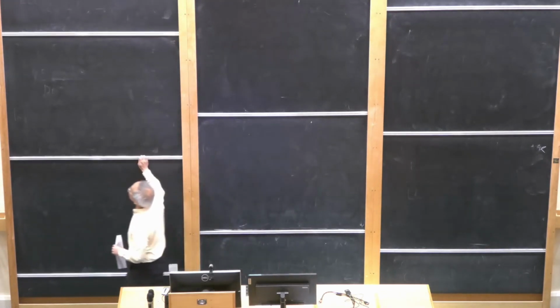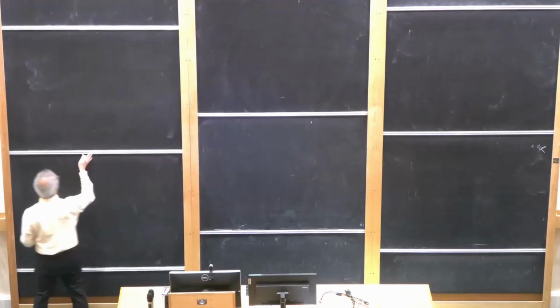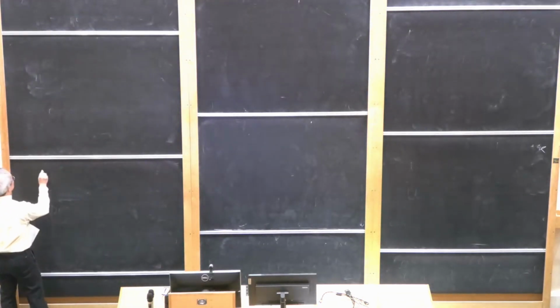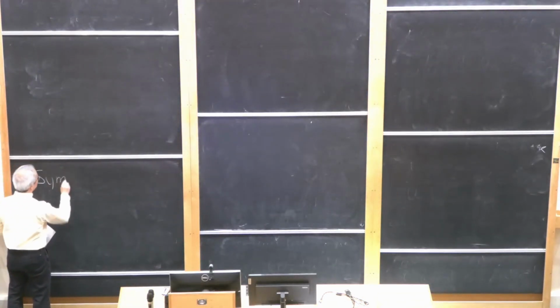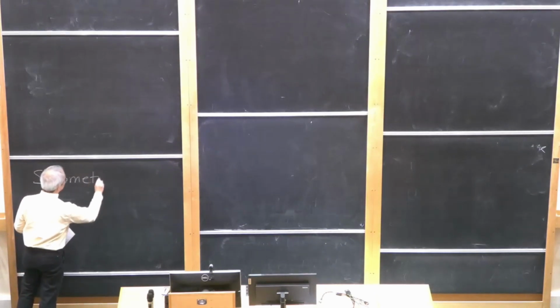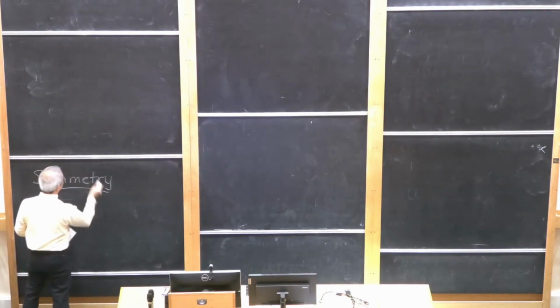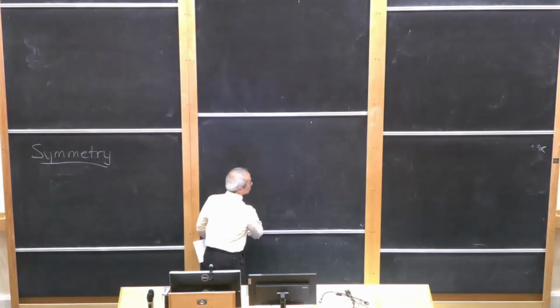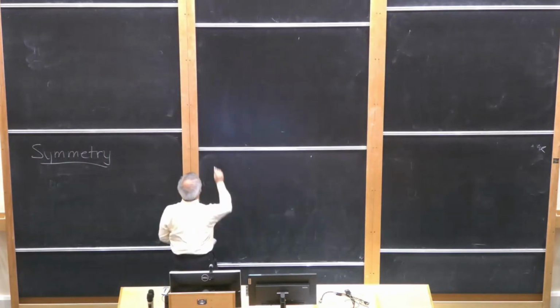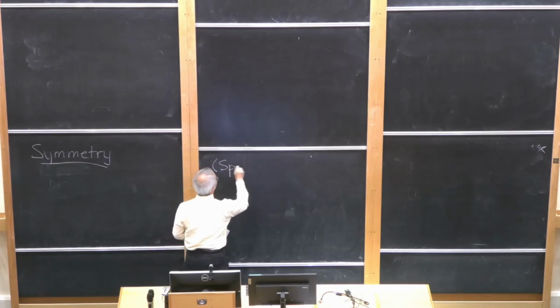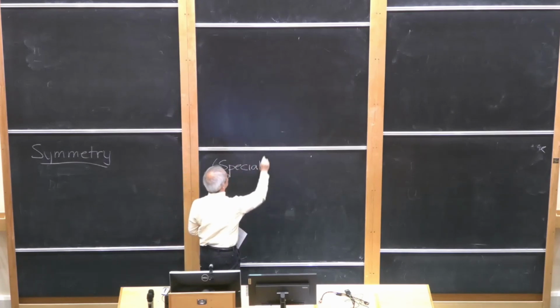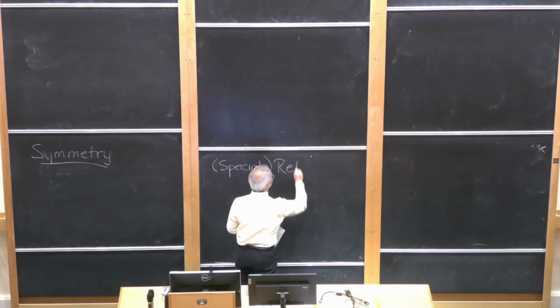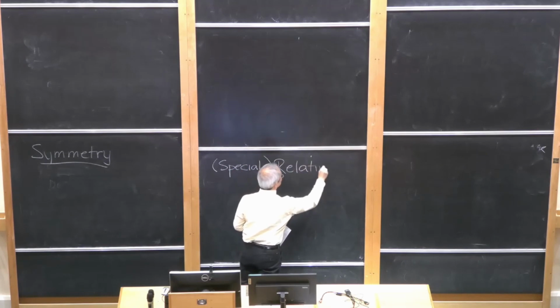But I'd like to start off with the title of the course. We have Symmetry. And we will take advantage of the fact that I have multiple boards here and write Relativity. Of course, we are going to be dealing with special relativity in this course.